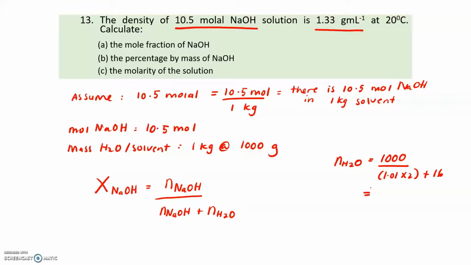So the mole of water is 55.49 mole. So substitute here, mole of sodium hydroxide is 10.5, divided by 10.5 plus 55.49. So the mole fraction is 0.159.